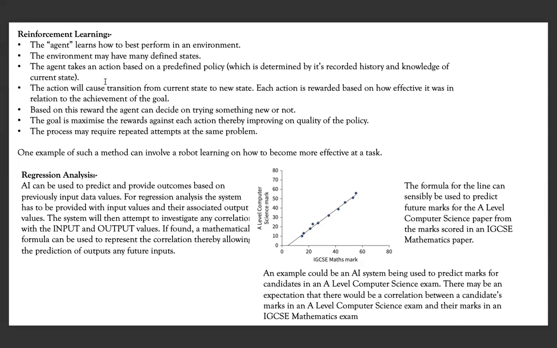How close I got to my goal means the action should be rewarded accordingly. If my current action resulted in better progress and took me closer to my goal, then it's rewarded better, as opposed to an action which does move me from the current state to a new state but does not necessarily move me that close to my eventual goal. That will be rewarded poorly.